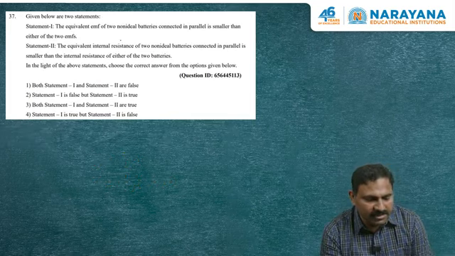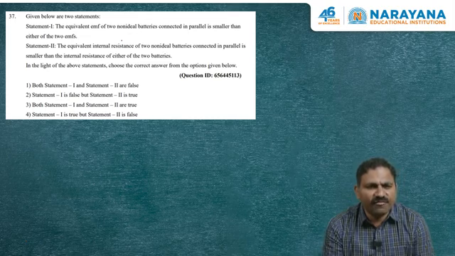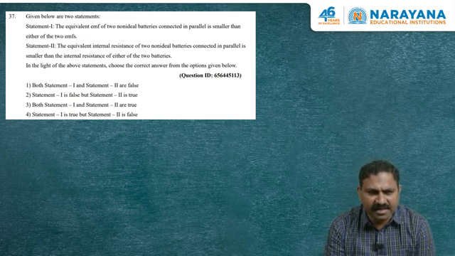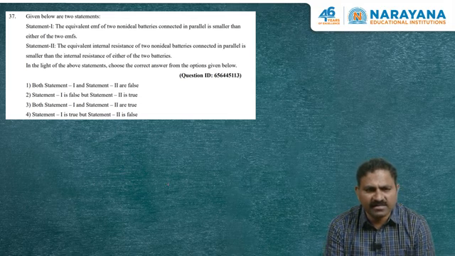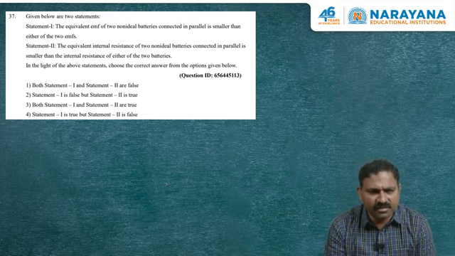Given below are two statements. The equivalent EMF of two non-ideal batteries connected in parallel is smaller than either of the two EMFs is the first statement. Equivalent internal resistance of two non-ideal batteries connected in parallel is smaller than the internal resistance of either of the two batteries.